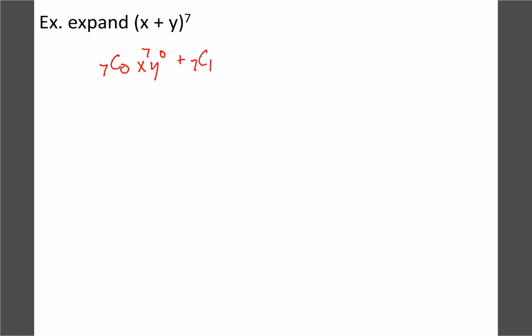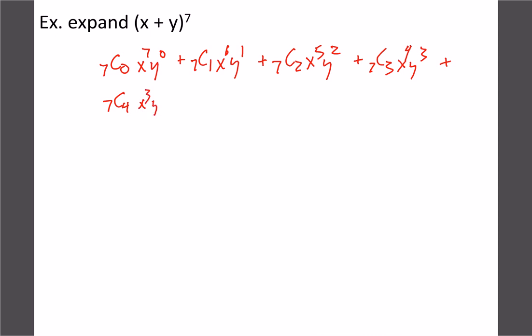Then we'd have 7C1, x to the 6th, y to the 1, and we just keep on going. 7C2, x to the 5, y to the 2, 7C3, x to the 4th, y to the 3, and I'll start a new row, 7C4, x to the 3, y to the 4, 7C5, x to the 2, y to the 5, 7C6, x to the 1, y to the 6, and our last one would be 7C7, x to the 0, y to the 7.